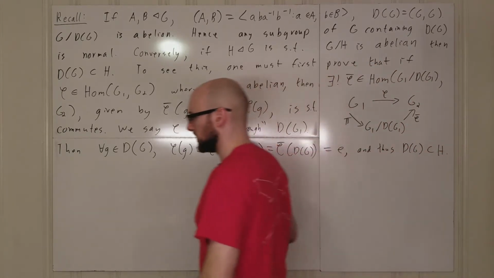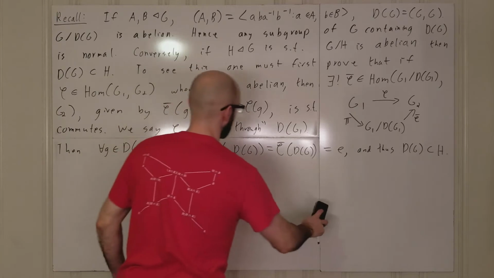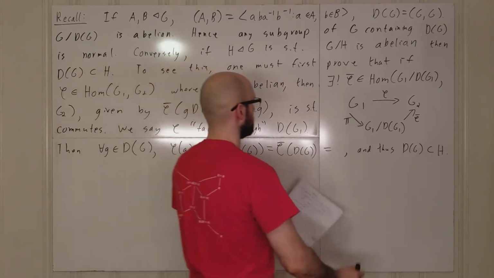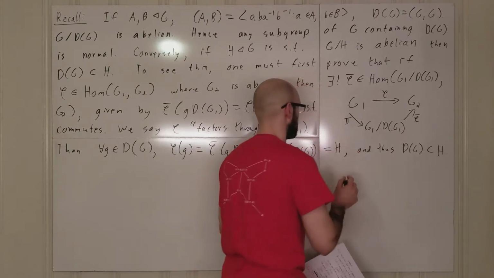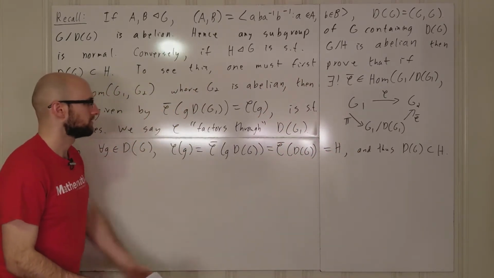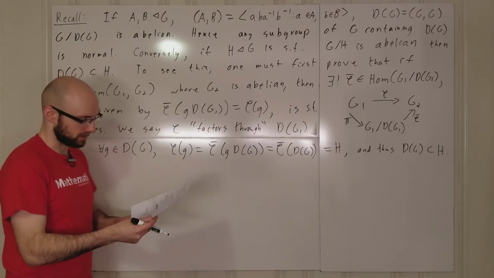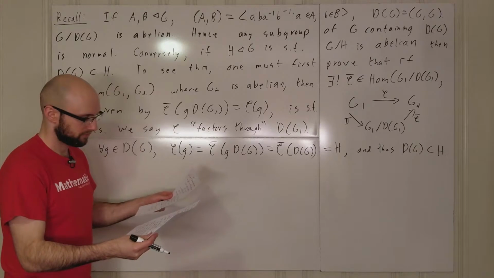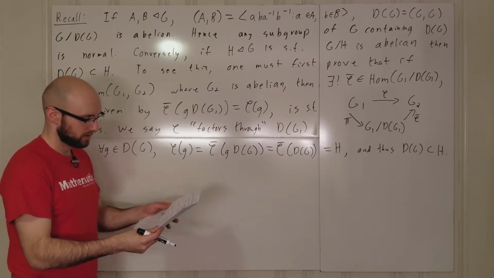So really, where we're sending dG is we're sending it to H, because that's the identity element in G mod H. So just to be more clear, that's what's going on here. Okay?